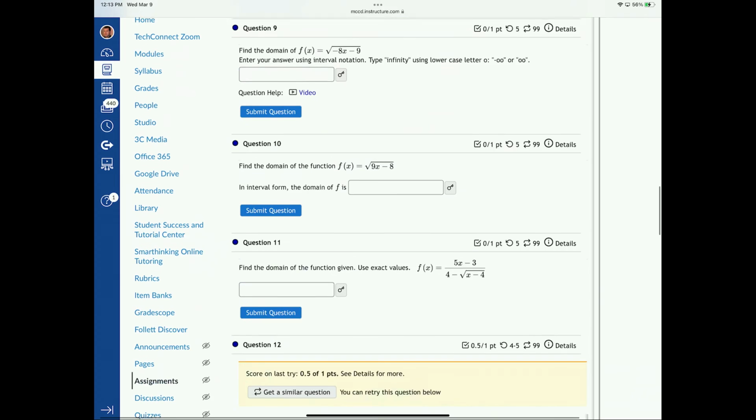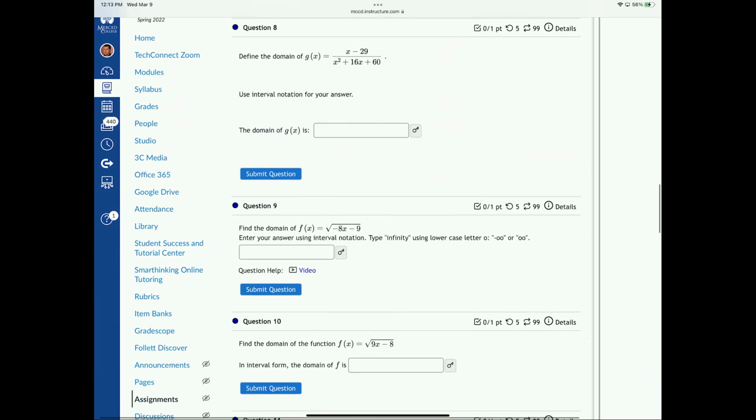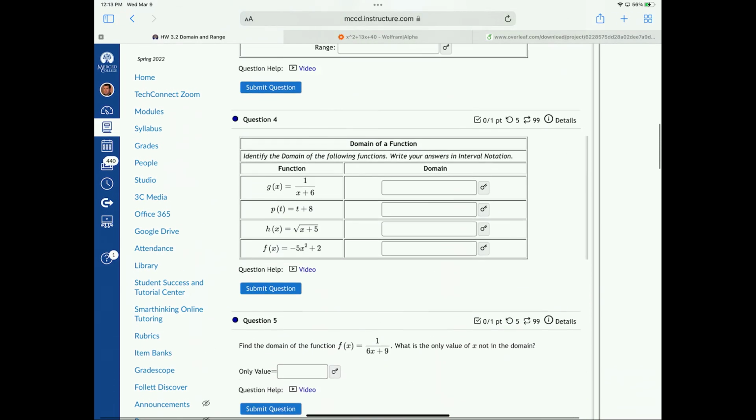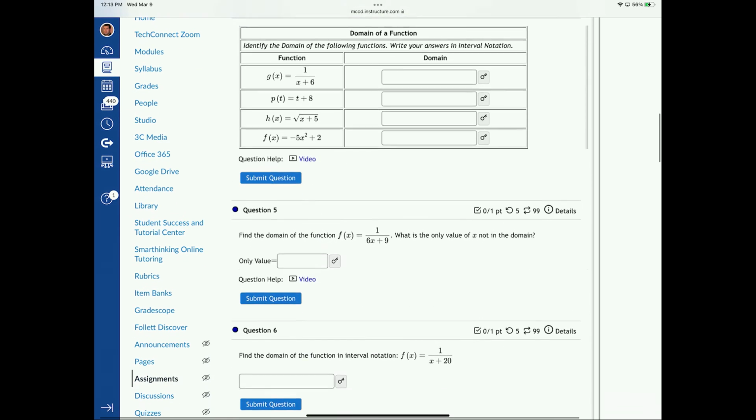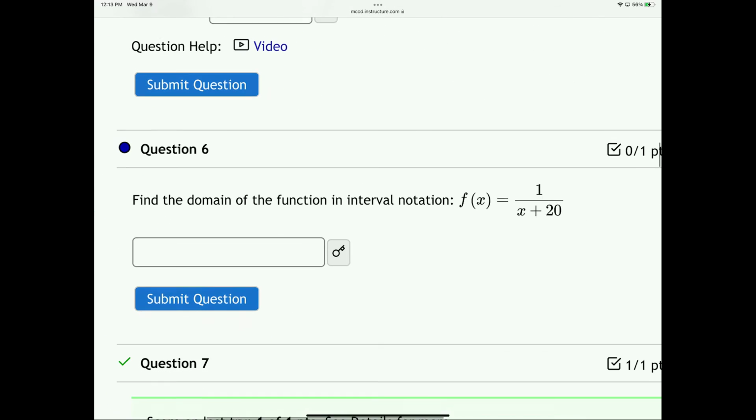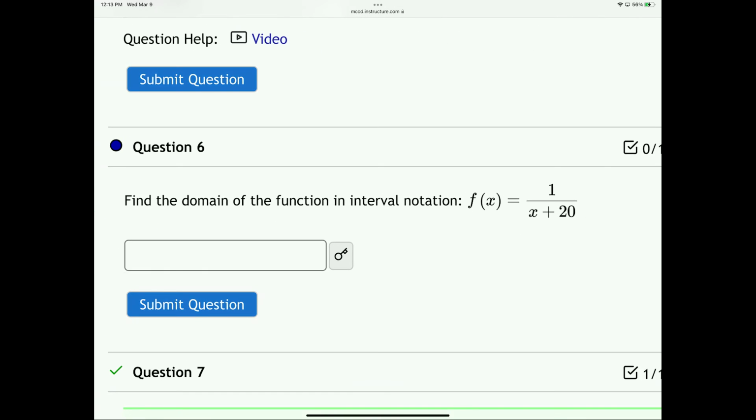Some of them you can just eyeball, like this one right here, where it's so simple, the x plus 20. You can just look at that and say -20 not allowed.